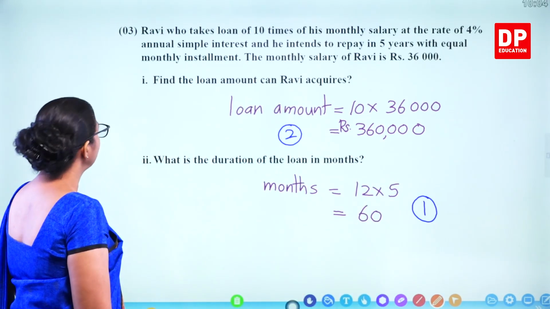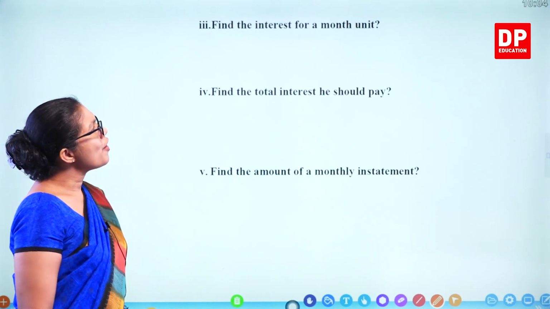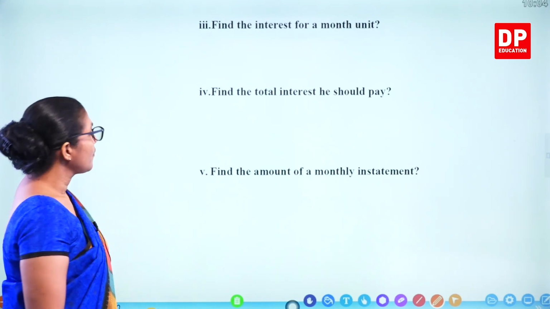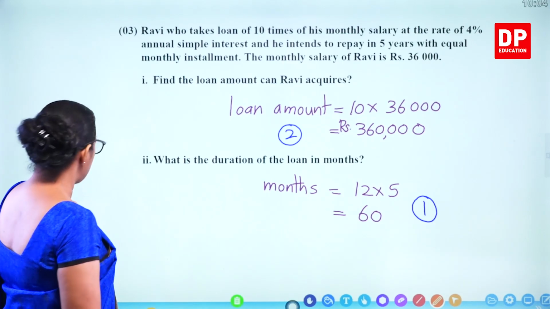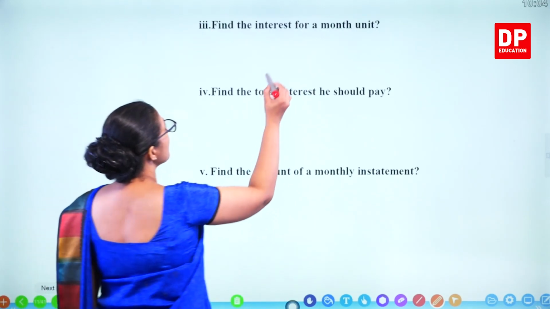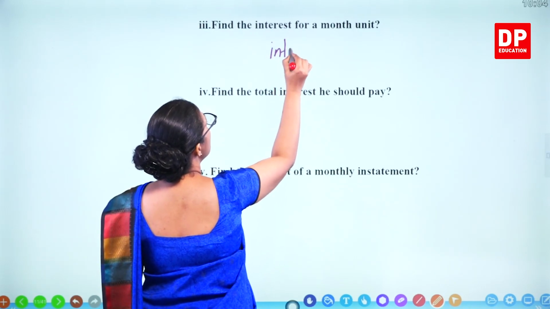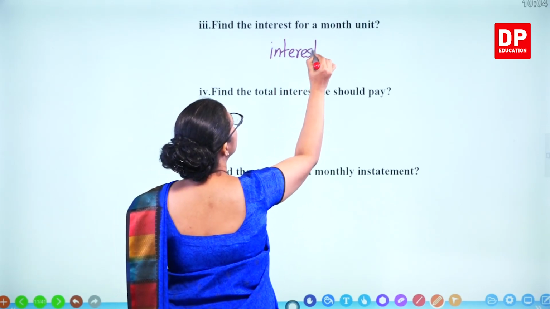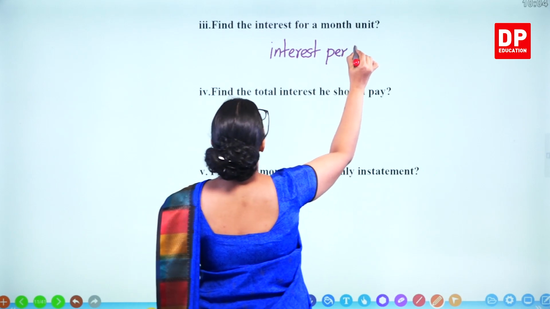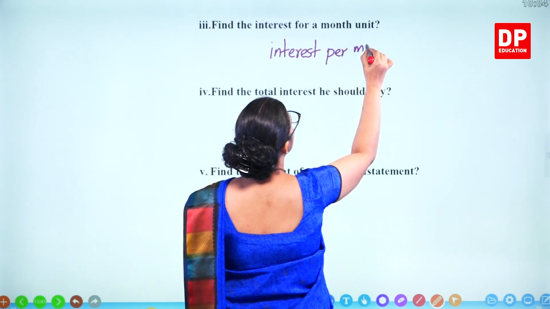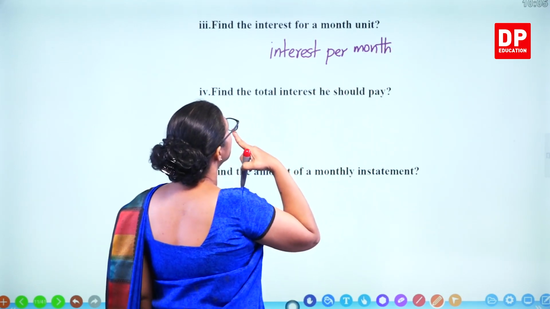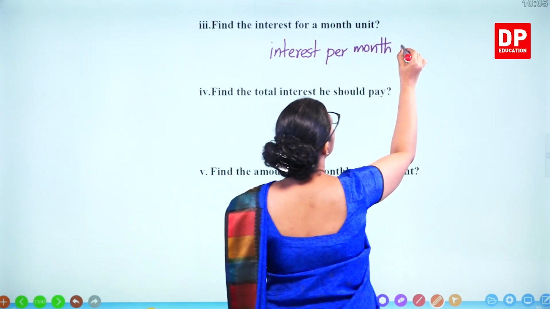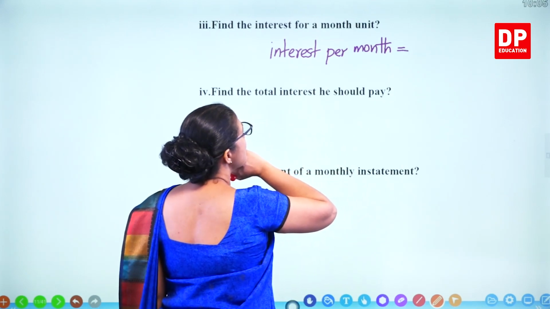Next one. Find the interest for a month unit. So 4% simple interest. That's annually. So interest per month. So what's the interest?